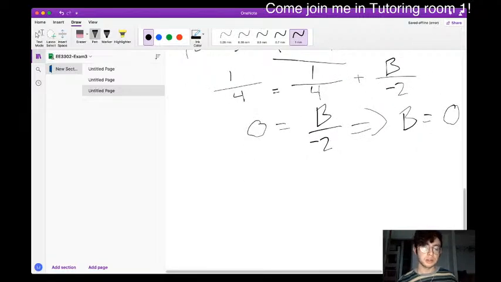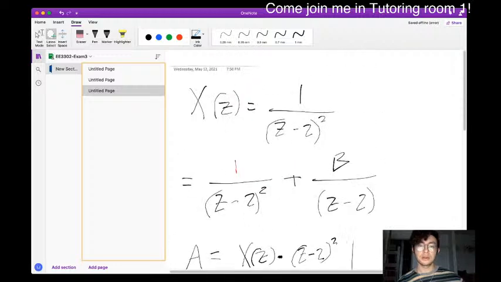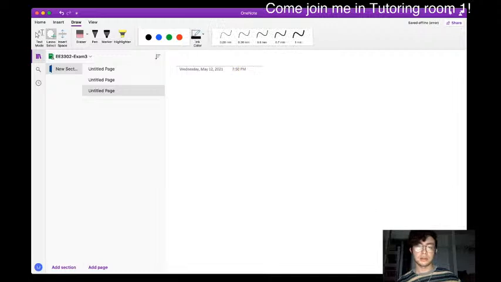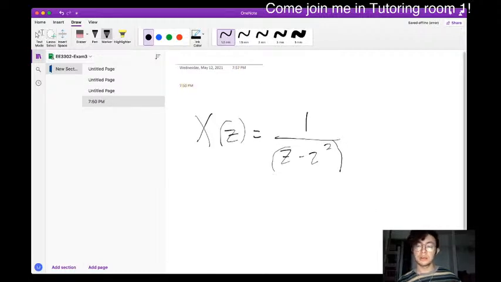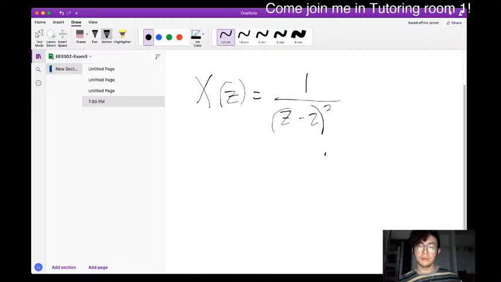So let me go ahead and make a new page. Let me just copy and paste. So we get XZ. Just copy, paste. And if we get that, oh wait, the parentheses outside. Okay, so we got that. Let's invert it.